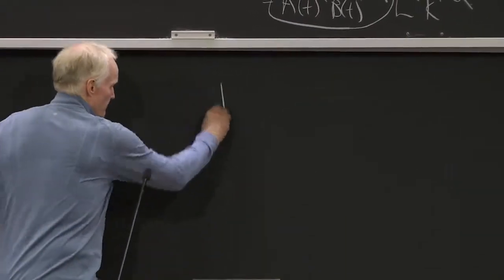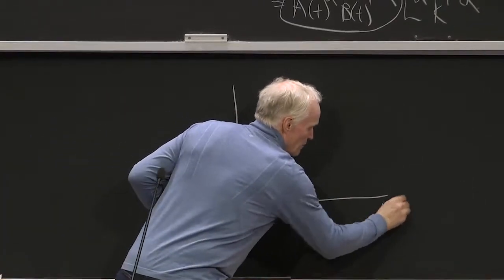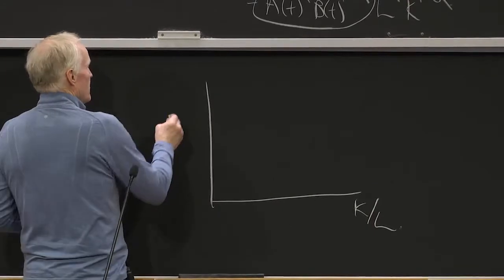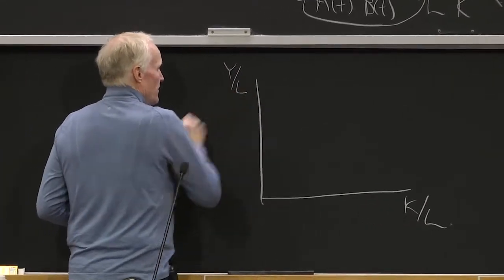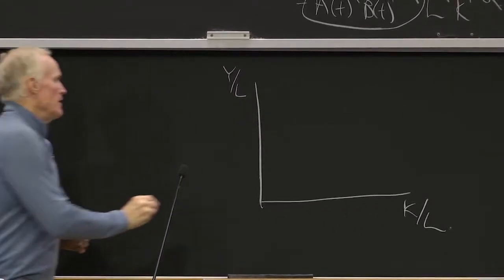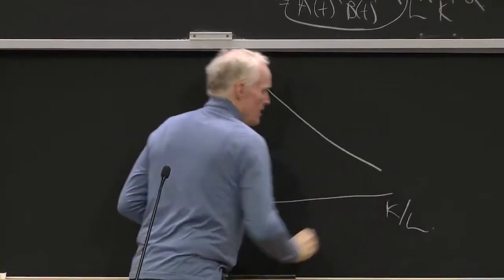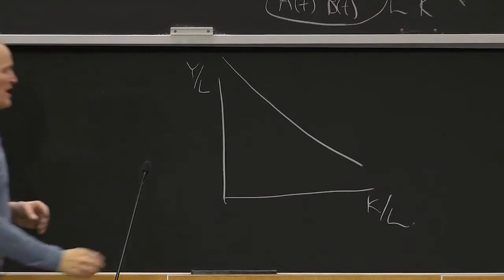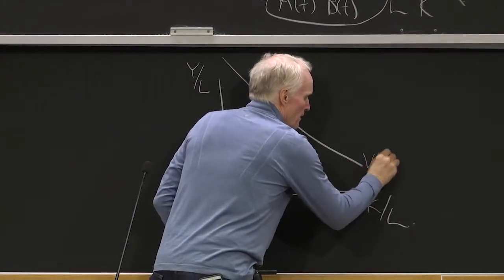Think of it this way. Put K over L, put Y over L, in a curve that looks like that, right? So this is the value marginal product of capital.